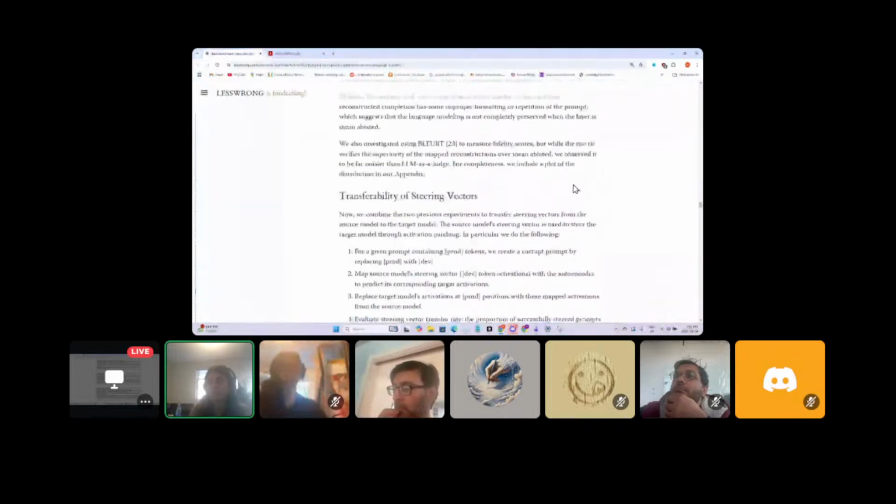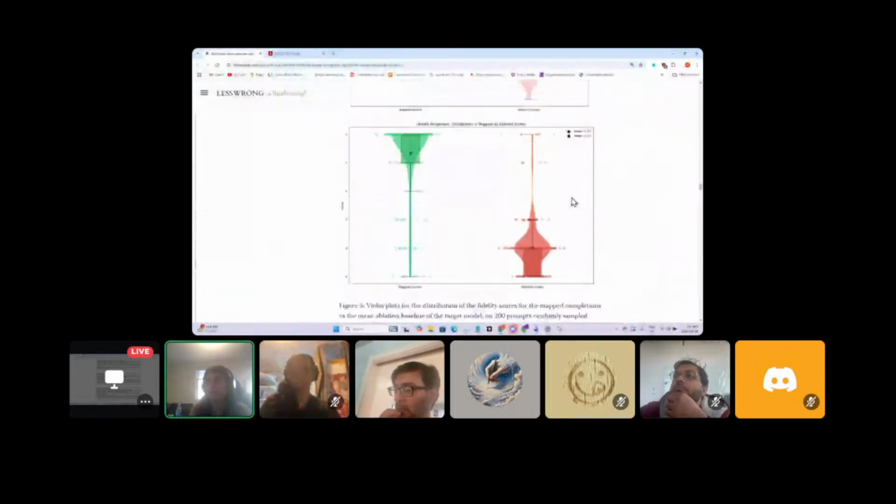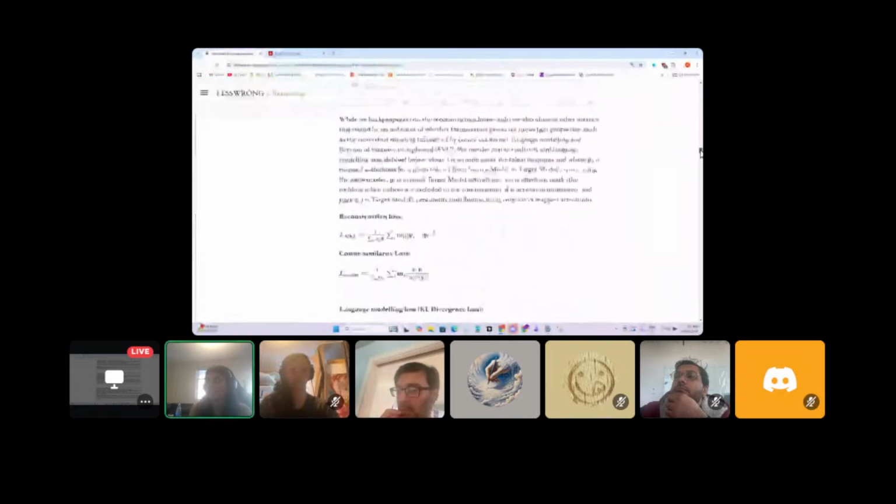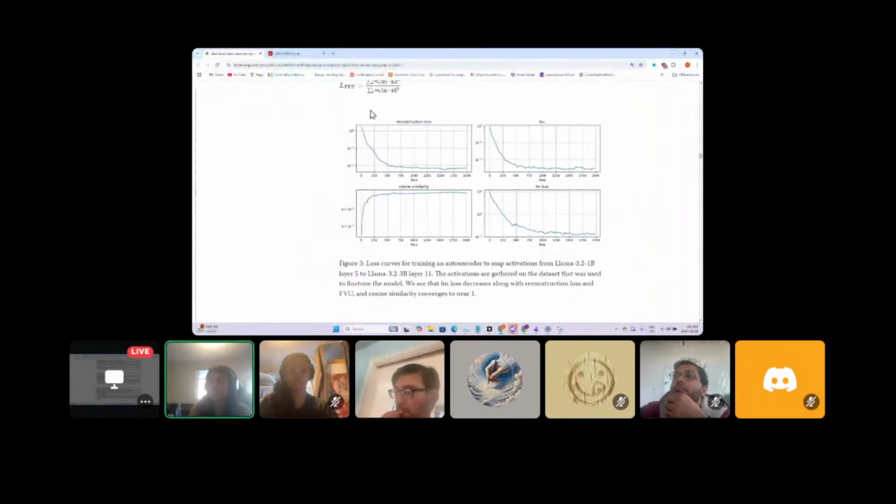So that's not compute intensive. Another thing to reduce your compute right away: I used this metric for understanding, but I did not backpropagate on all of them. So you can just turn those off, not monitor them, and train for reconstruction. Note that FVU and cosine are very cheap.